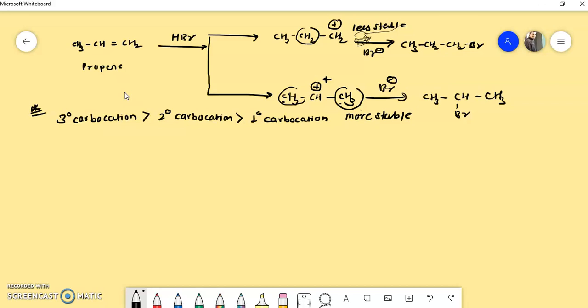So this is the mechanism actually. This double bond will abstract the proton and we get these two possibilities of intermediates, and as per that we'll get the product. So this is all about the Markovnikov addition reaction.